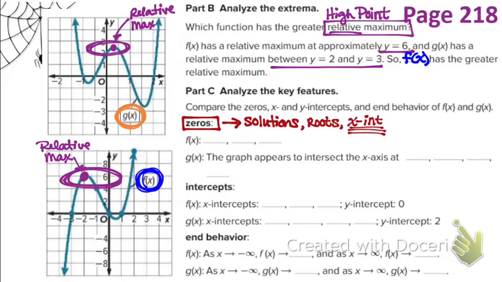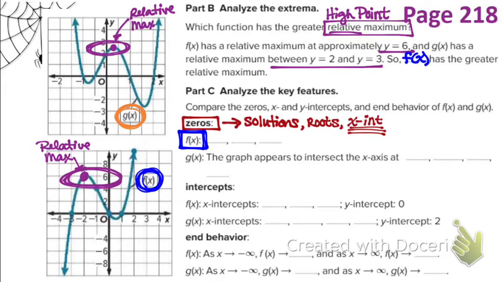I want to look at f of x first. That's this graph right here. Does it have any x-intercepts? Where are they? On the x-axis. So tell me the numbers. Where are we crossing the x-axis at?